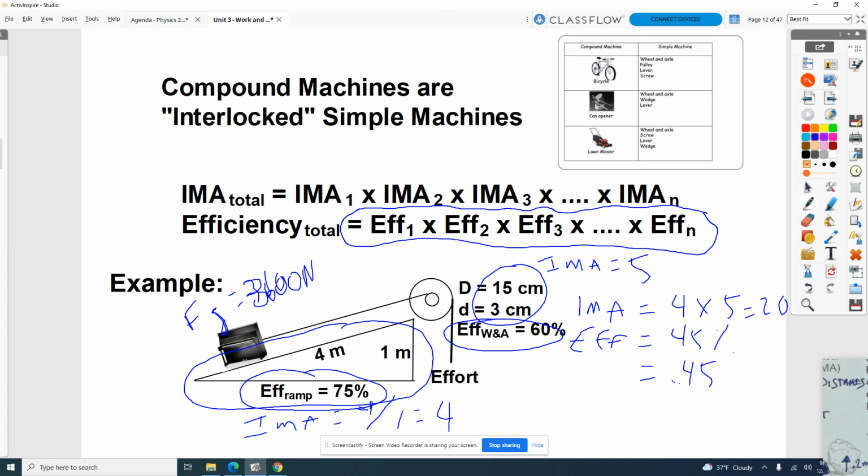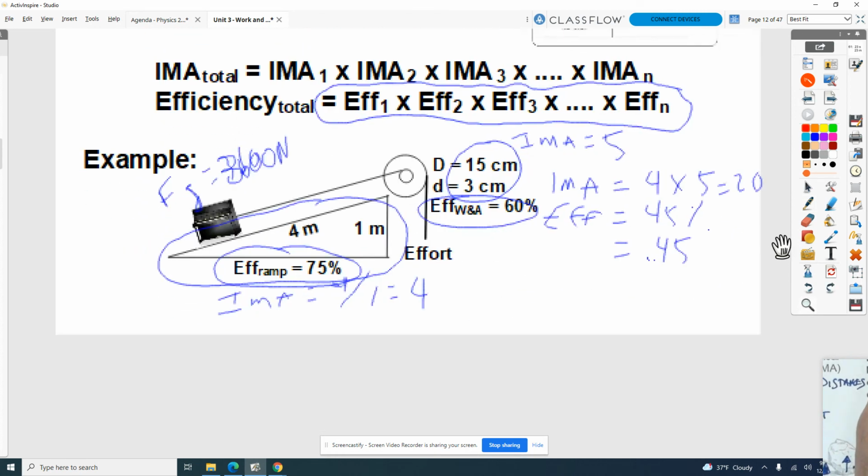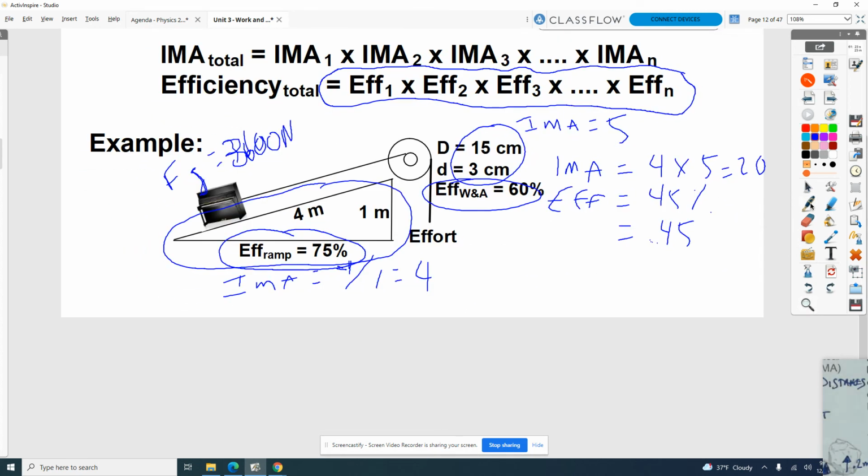Now, how does that relate to forces? Well, we know also that efficiency is a ratio of AMA to IMA. The key is to write really large here so we can see that better. So let's get the AMA.